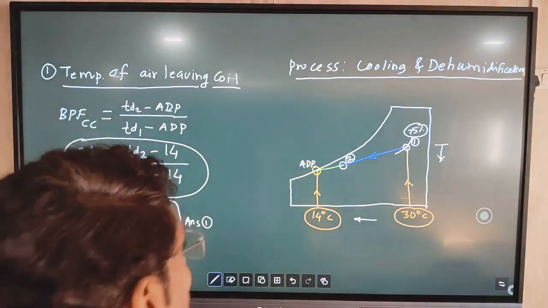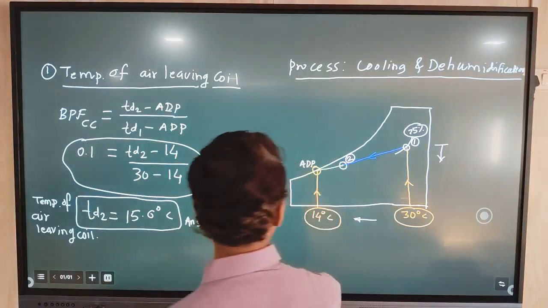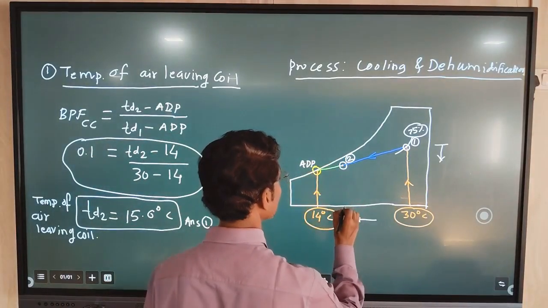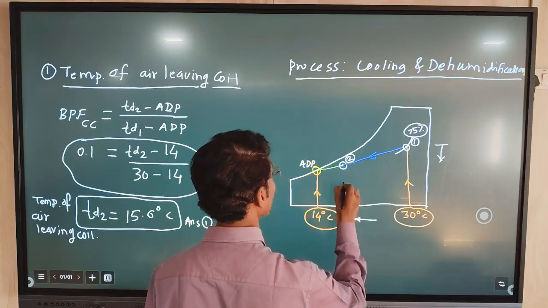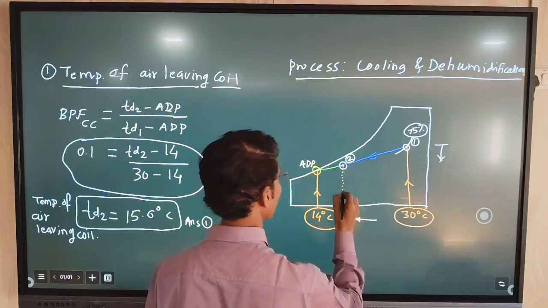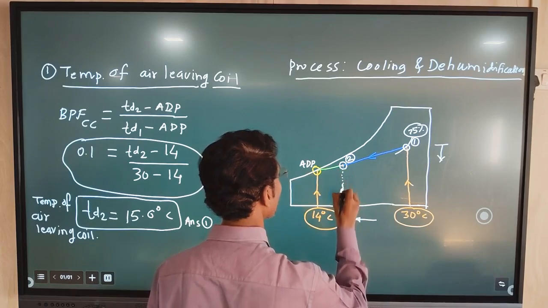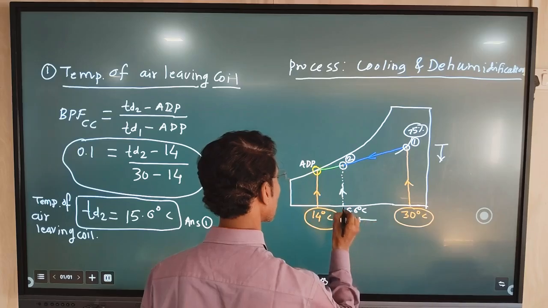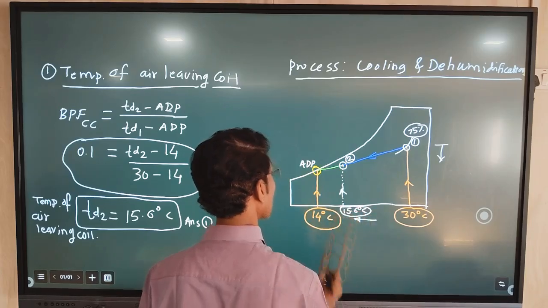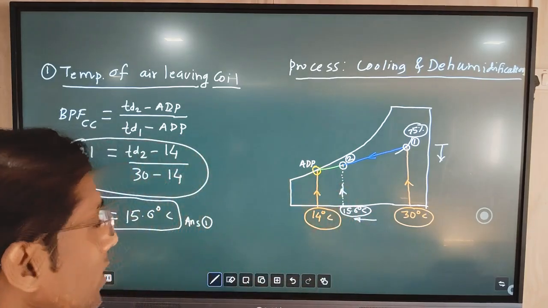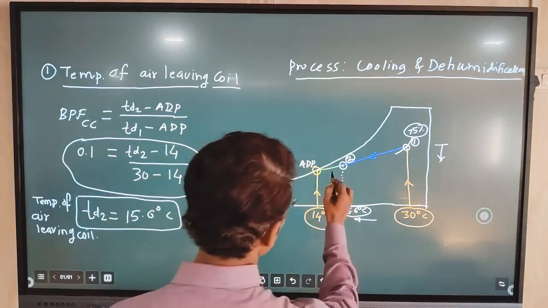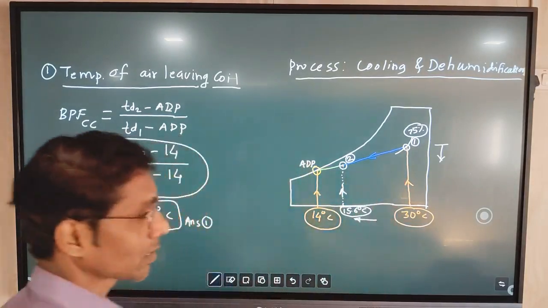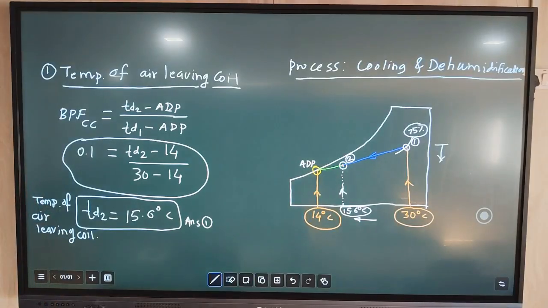Now we will go to the psychrometric chart, and there at 15.6 we can locate point number 2, and then we can get the further parameters which are required to solve the next part of the numerical.